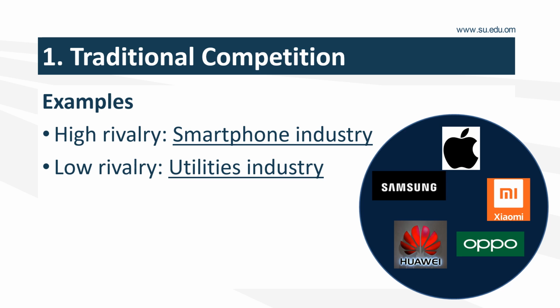For example, water and electricity are examples of utilities. So usually the government will take charge of this industry, so it's low competition. No one will compete with the government.